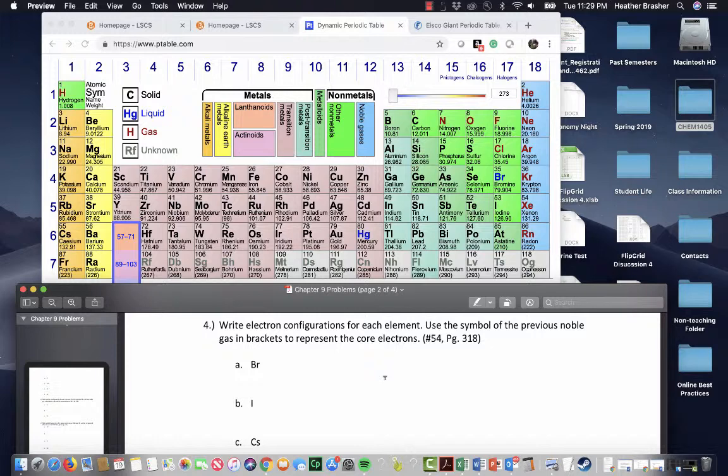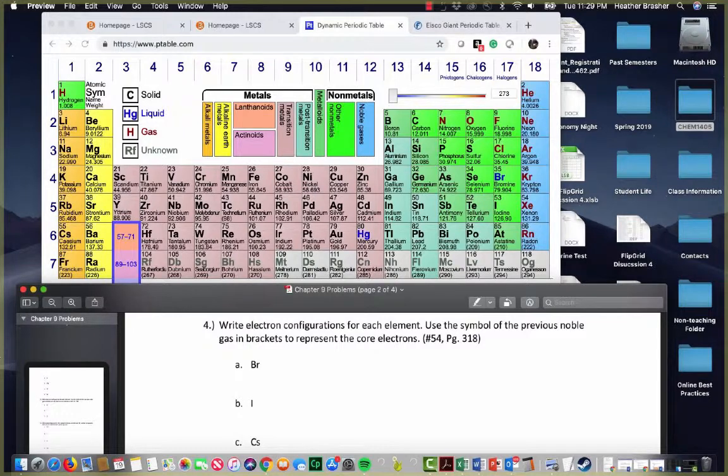So let's go look for bromine. Let me make sure I'm in the right area. And so we can see that that is right here.